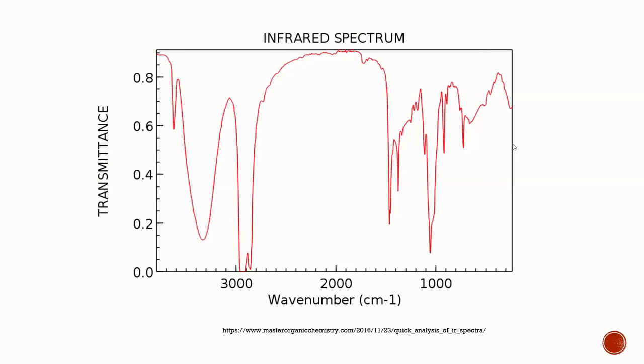So when a molecule absorbs infrared radiation, there will be involvement of vibration as well as rotation. That is why the spectrum will be in the band form and not particular peaks, due to the involvement of vibrational as well as rotational energy levels.